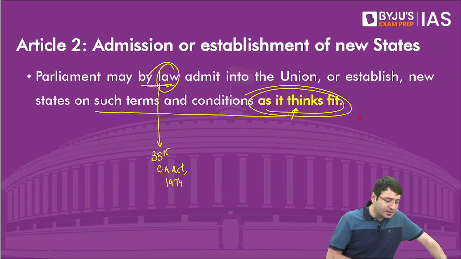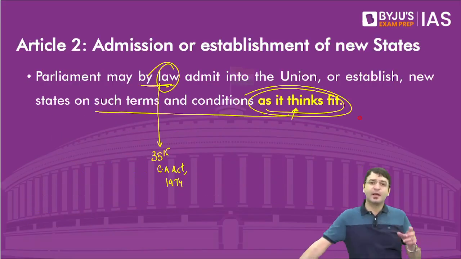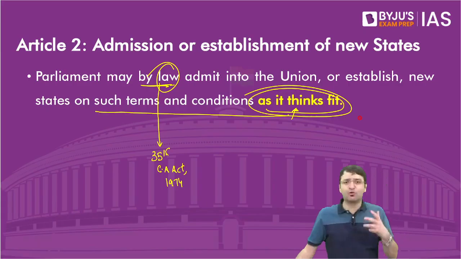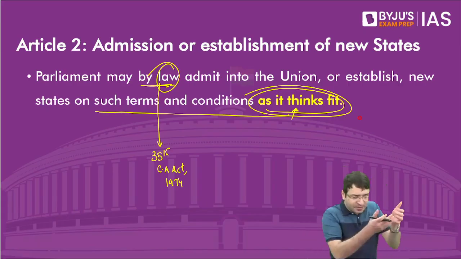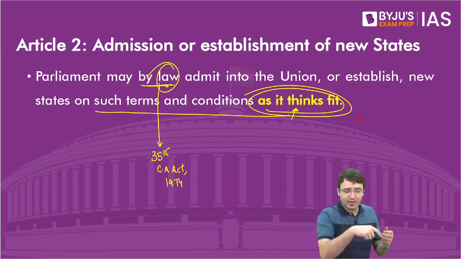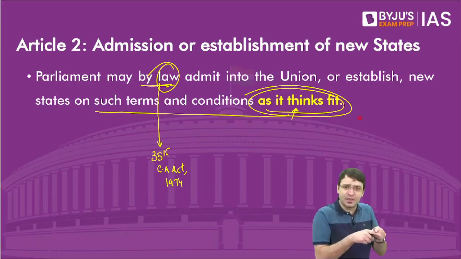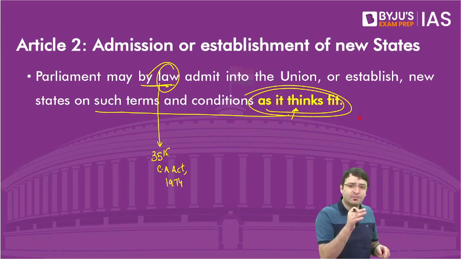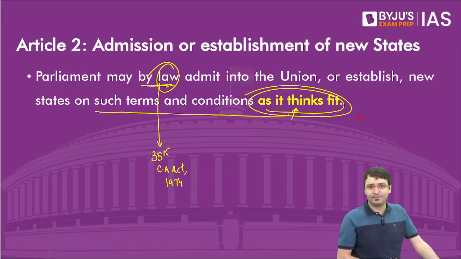Which means Article 2 of the Constitution: Parliament may, by law, admit into India from outside or establish new states on such terms and conditions as it thinks fit.